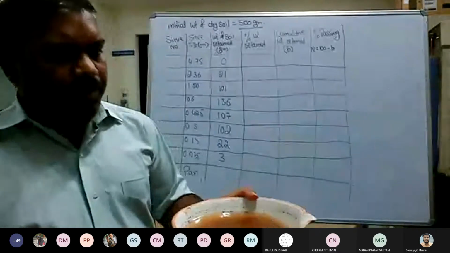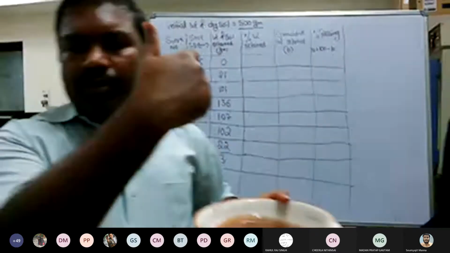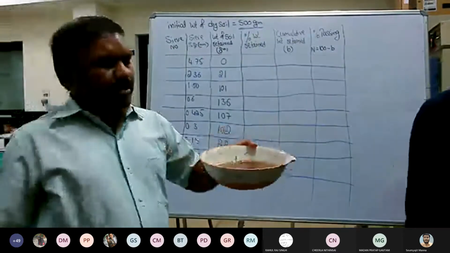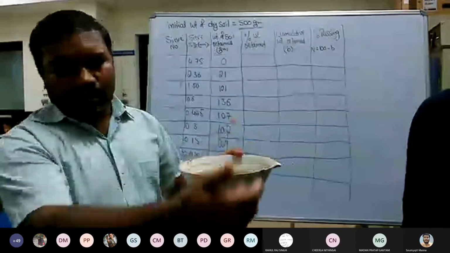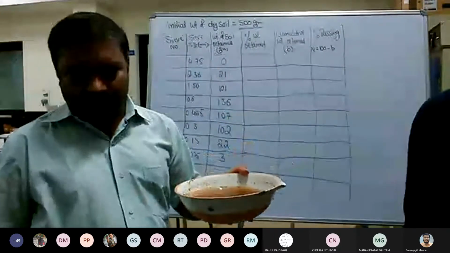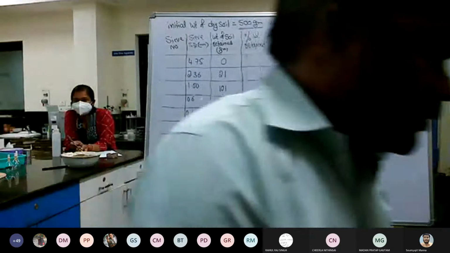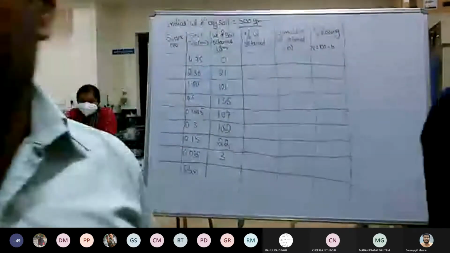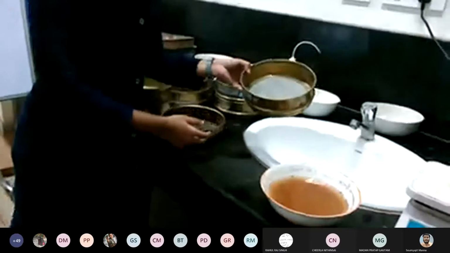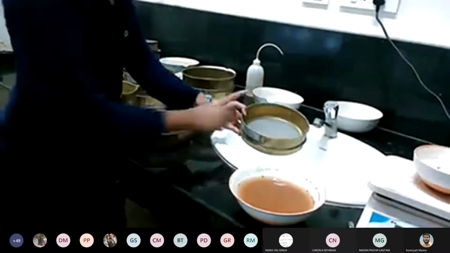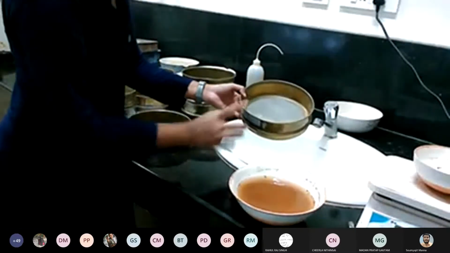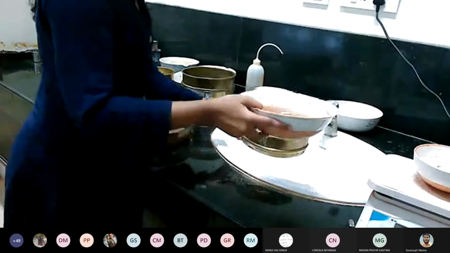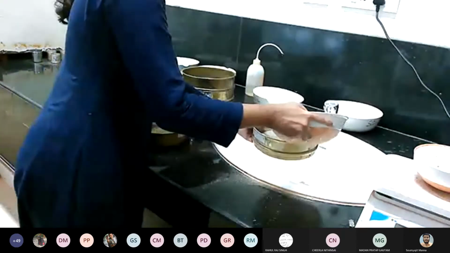Now, in the next step, we directly pour this wet soil on top of the 75 micron sieve, and we use the water jet. So now you can visualize. This is the 75 micron sieve. I am placing this sample in this sieve.